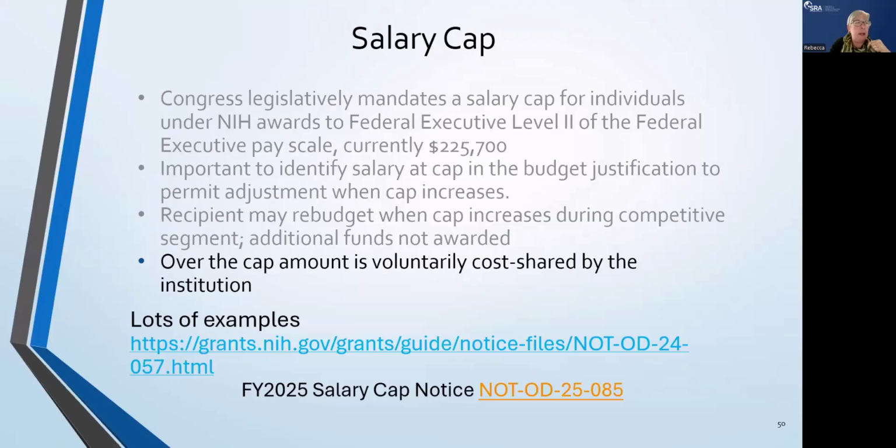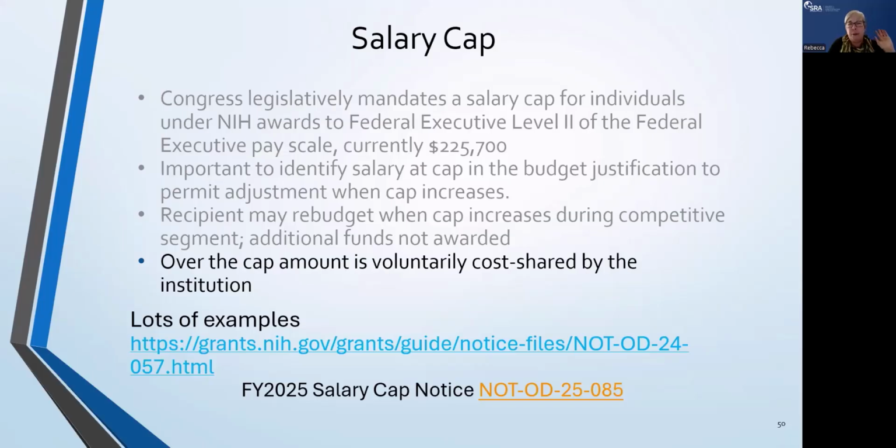Now the salary amount. The question asked, does the salary amount paid increase after the grant is awarded? If you mean what you're paying the PI, yes, their salary goes up and you can rebudget. But during that competitive segment, NIH won't give you any more money.